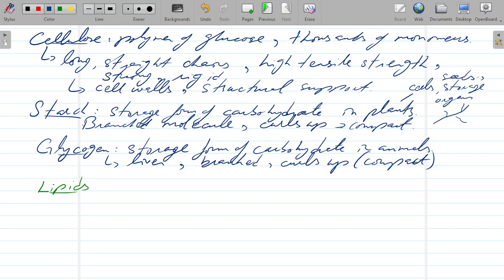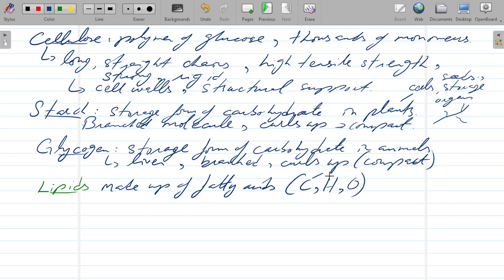Lipids are made up of molecules that are called fatty acids. They contain the elements carbon, hydrogen, and oxygen. It's basically carbon and hydrogen. The oxygen comes at the end, and there are just two of those in the entire fatty acid molecule. It's all carbon and hydrogen.